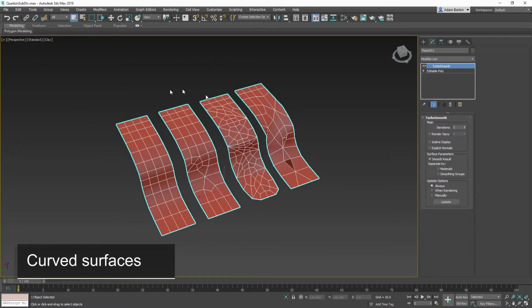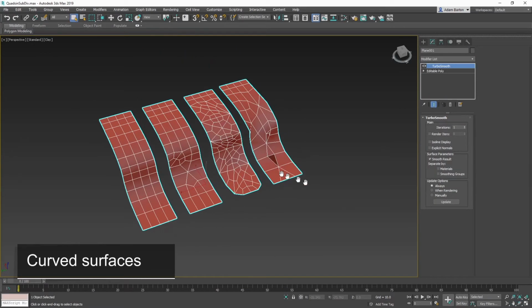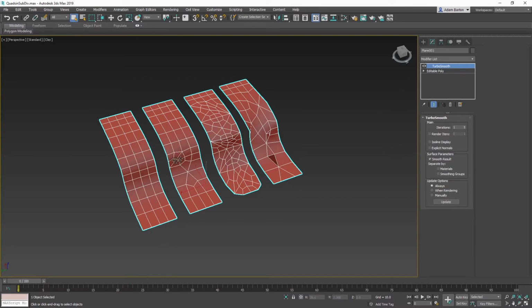What about these curved surfaces? This is all quads. This is quads with a triangle and an n-gon. This is all triangles. This is quads at the top with n-gons followed by another invisible n-gon at the bottom.